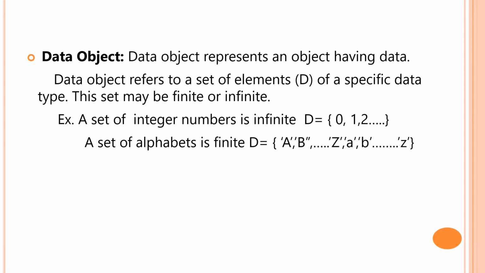For example, a set of integer numbers is infinite, positive and negative numbers. And the second example, a set of alphabets is finite, capital A to Z and small a to z.